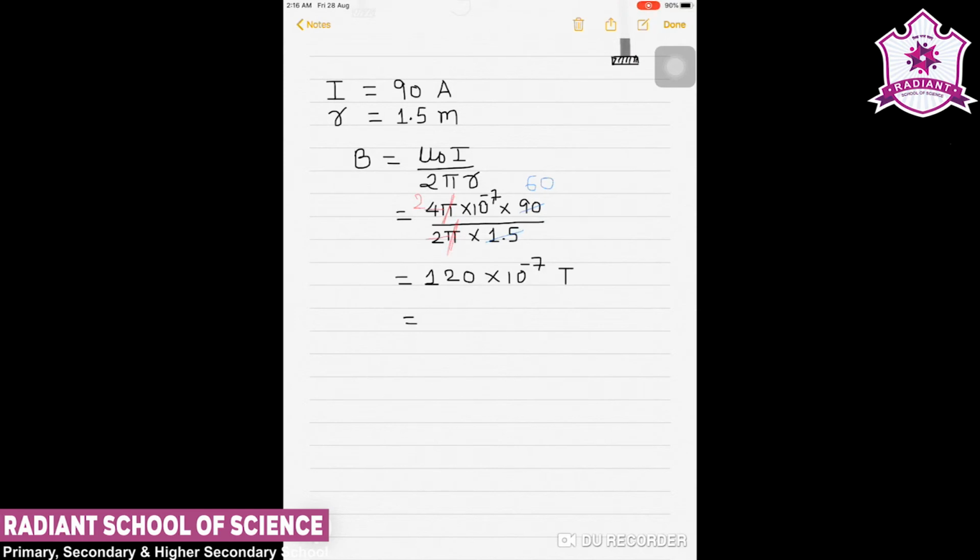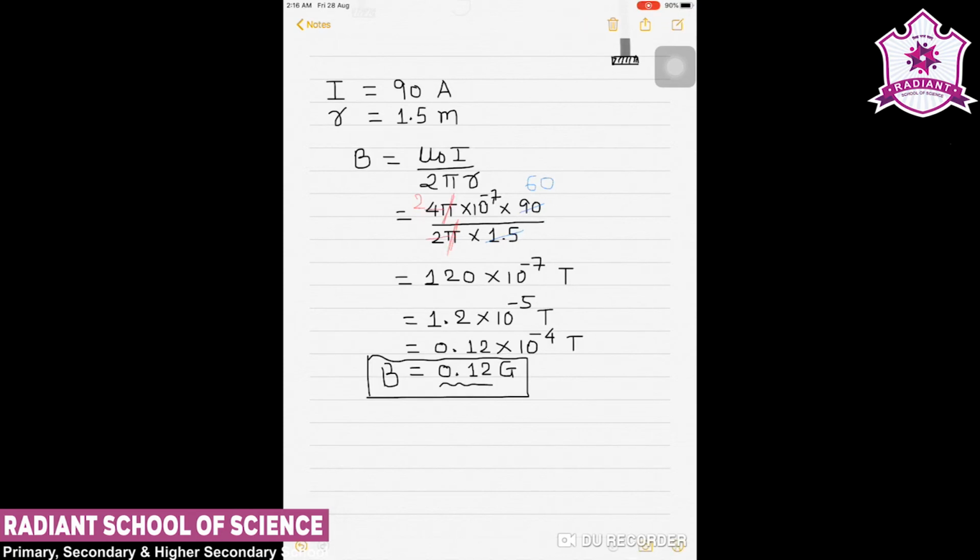We can convert it into 10 raised to minus 5 Tesla by writing it as 1.2 into 10 raised to minus 5 Tesla, or it can be written as 0.12 into 10 raised to minus 4 Tesla, that is 0.12 Gauss. So this will be your answer. And now we move to the direction.